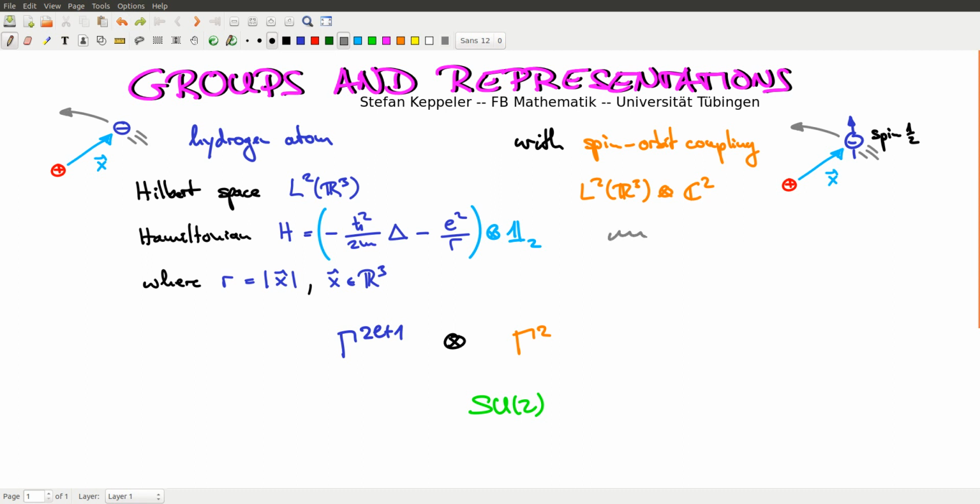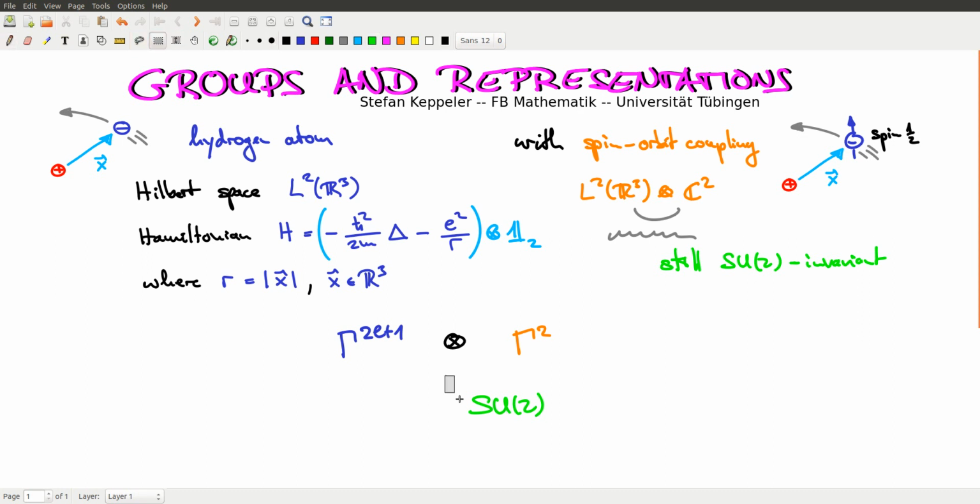If we really add this spin-orbit coupling now, I don't write down a Hamiltonian, some Hamiltonian which couples these two factors here, and a Hamiltonian which, say, is still SU2 invariant, like the Hamiltonian before, then what would we expect in this case?